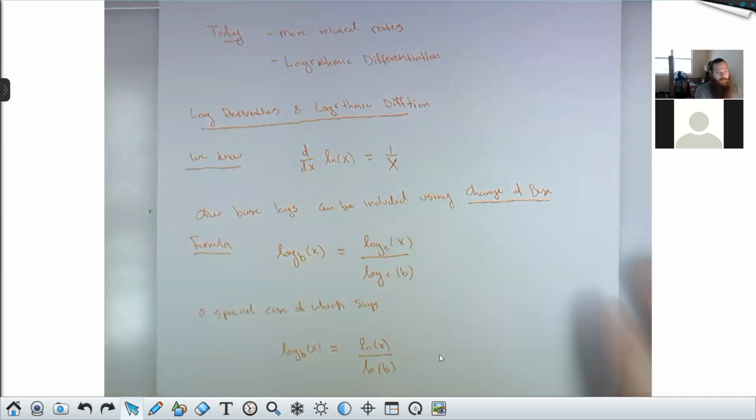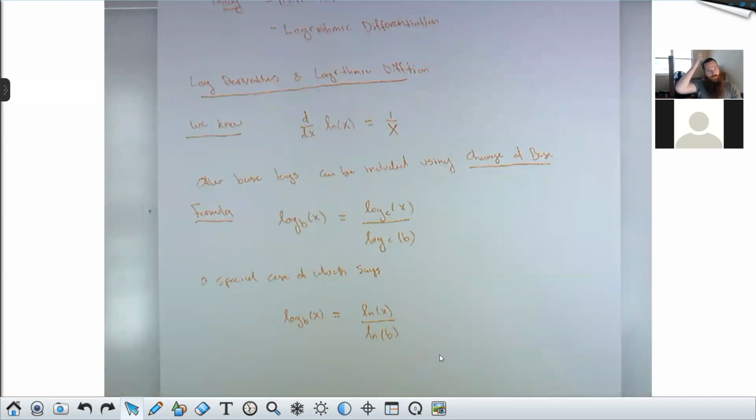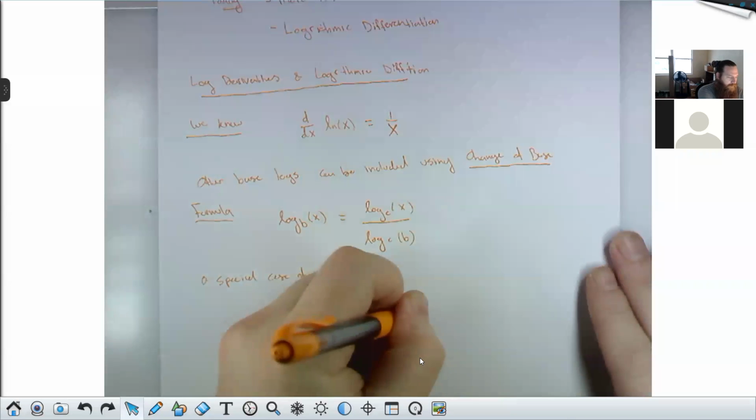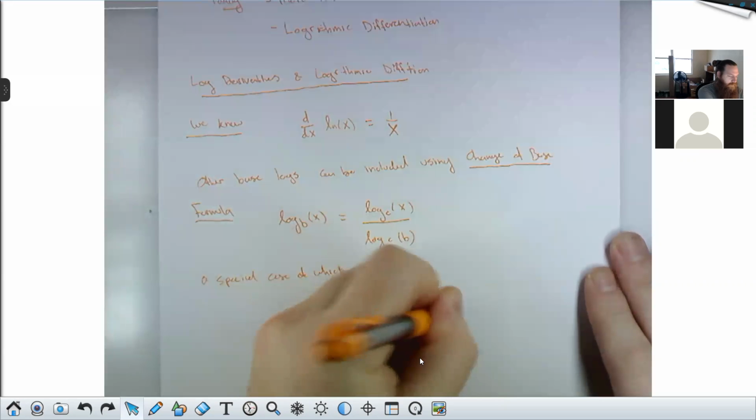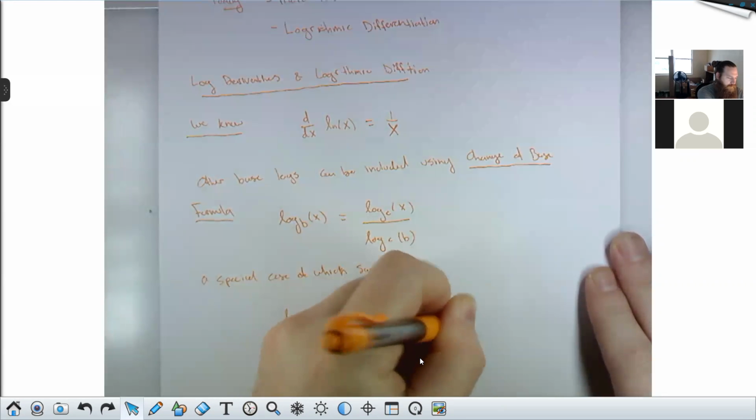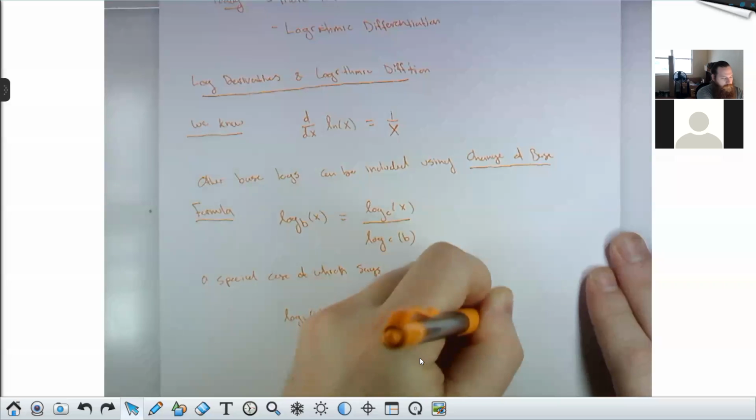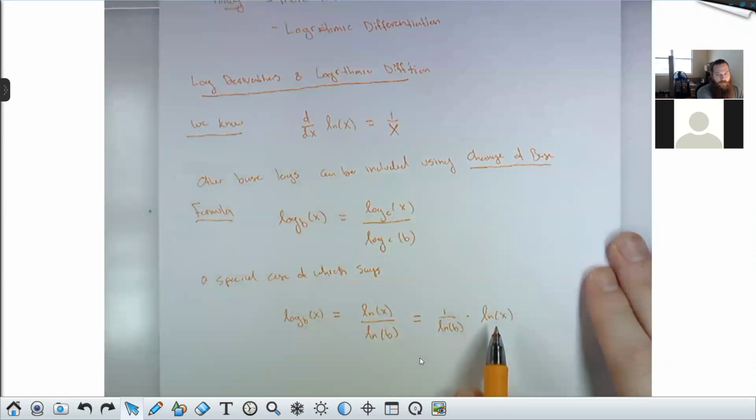Here I'm choosing to plug in the number e for c, the base on the right-hand side that we get to choose. So you can take any base logarithm, base 2, base 5, whatever, and rewrite it as a natural log. It's worth noting that the natural log of b is a constant. So you might think of this as the natural log of x with this constant 1 over ln b out front.